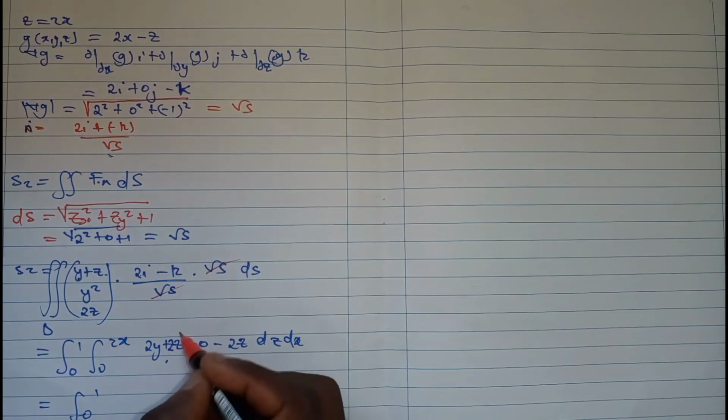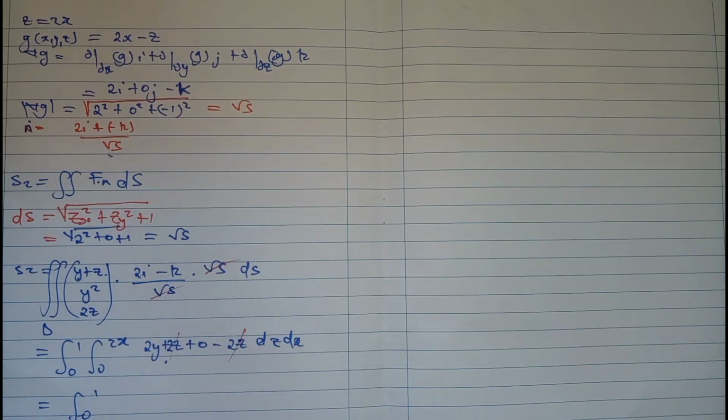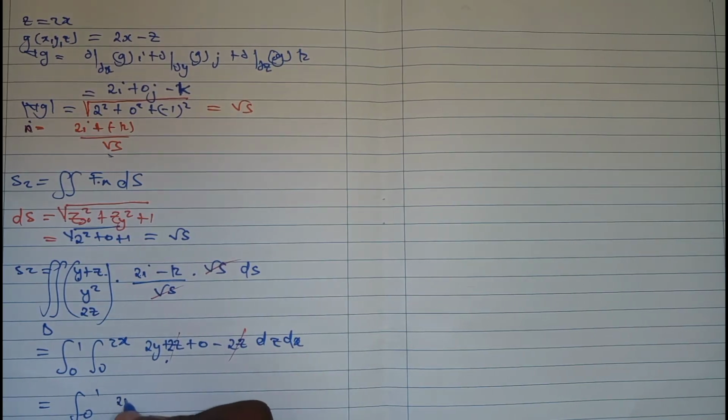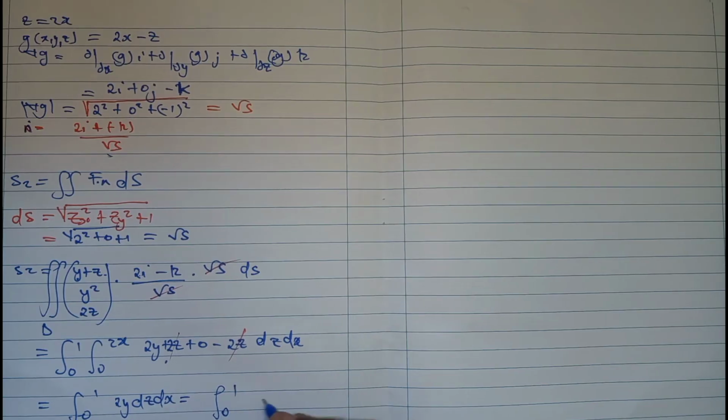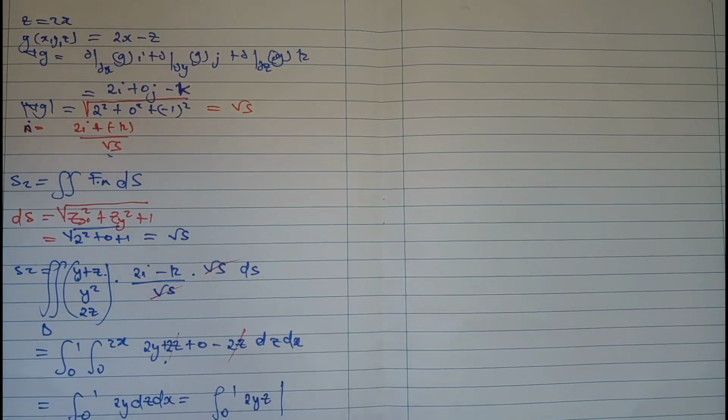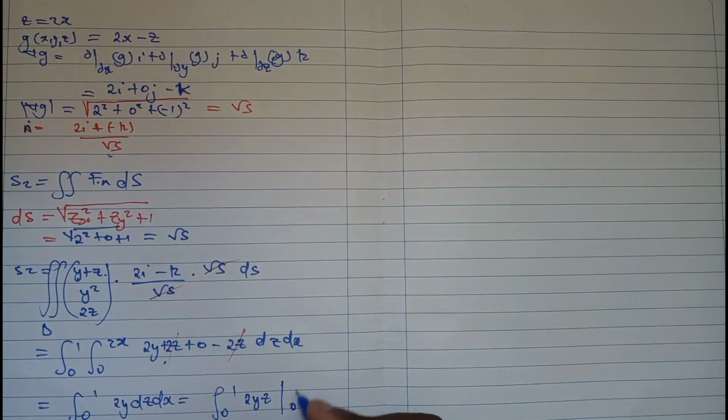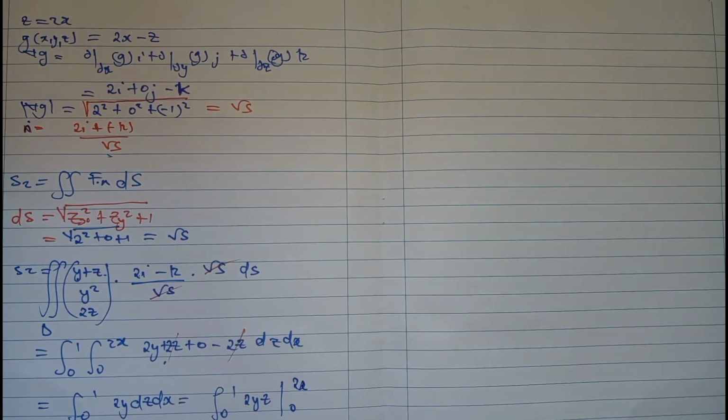So z and z will cancel out, and we're going to be left with 2y dz dx, and this is going to be from 0 to 1, and we're going to have 2yz from 0 to 2x.